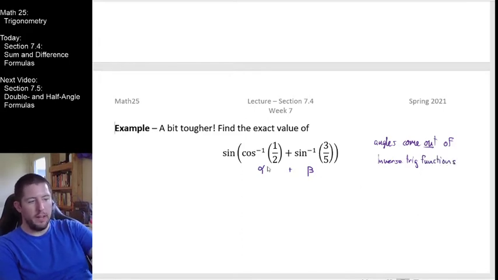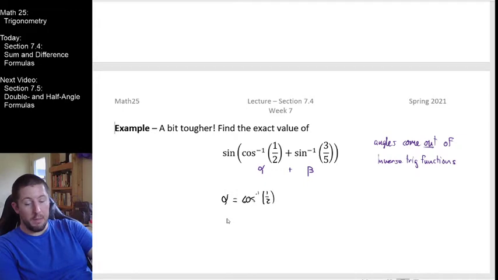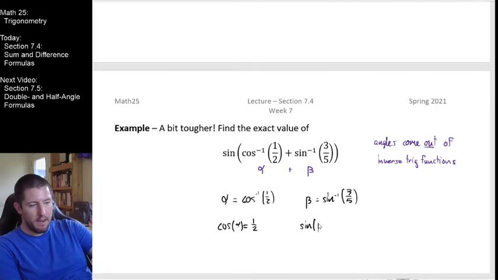I don't know it, I'm just calling it something so I can deal with it. So alpha is what I'm calling cosine inverse of 1/2. I'm going to apply cosine to both sides and say cosine of alpha is 1/2. Similarly over here, beta is sine inverse of 3/5, and I'm going to take the sine on both sides to say sine of beta is just 3/5.